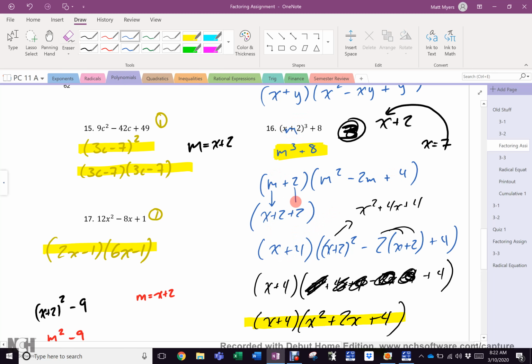Plus 2. X plus 4 out front. In here, x plus 2 squared, which became, and I wrote it right here, x squared plus 4x plus 4, minus 2m, which was x plus 2, which got me negative 2x minus 4, and then I just collected my like terms. Everybody cool?